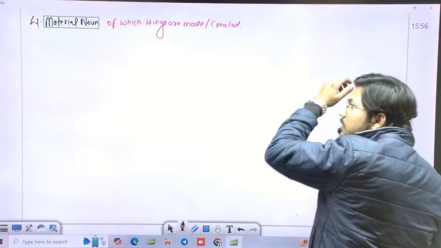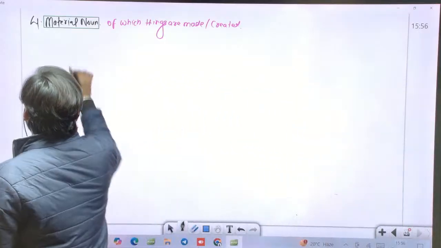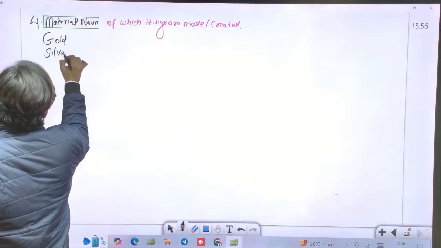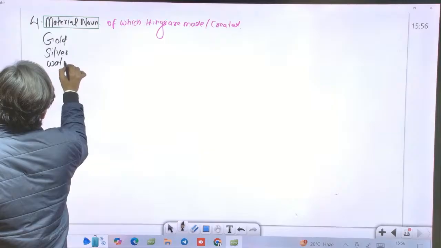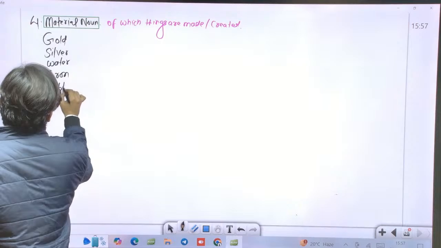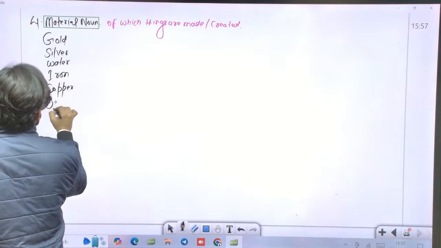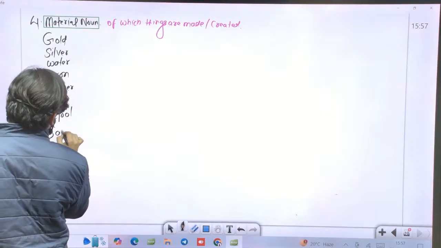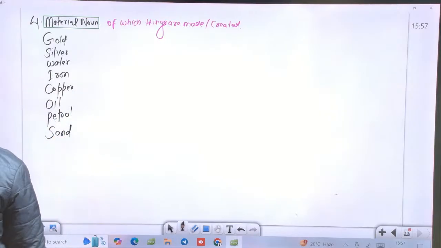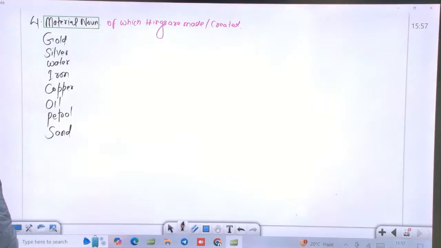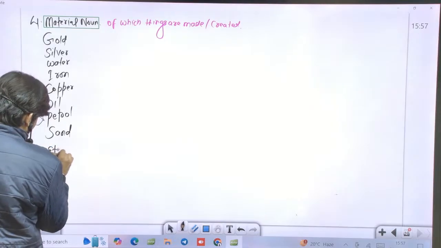Is that clear? So there can be so many material nouns like gold, silver, water, iron, copper, oil, petrol, sand, and so on.